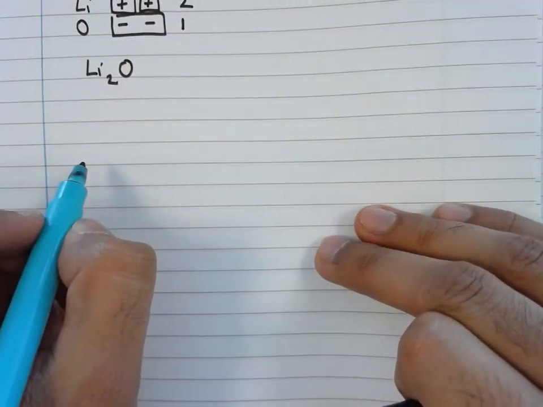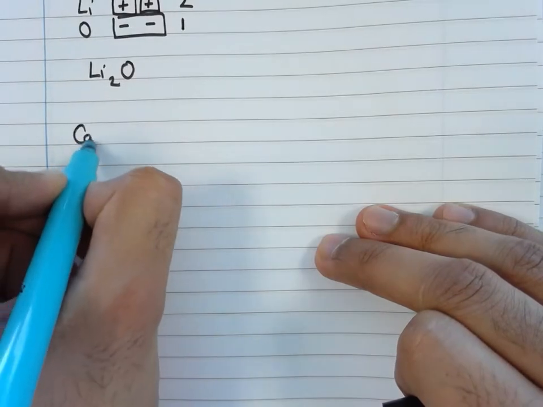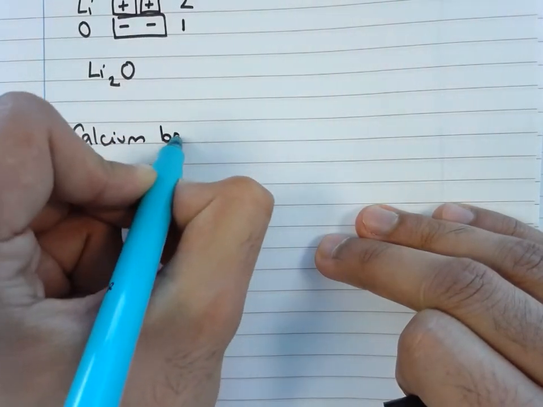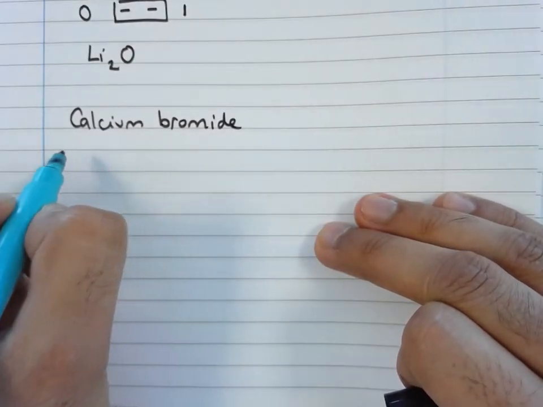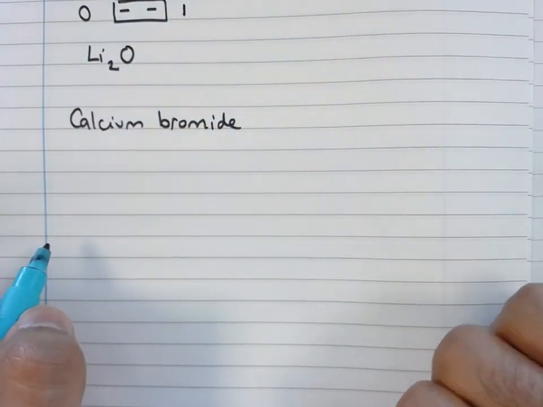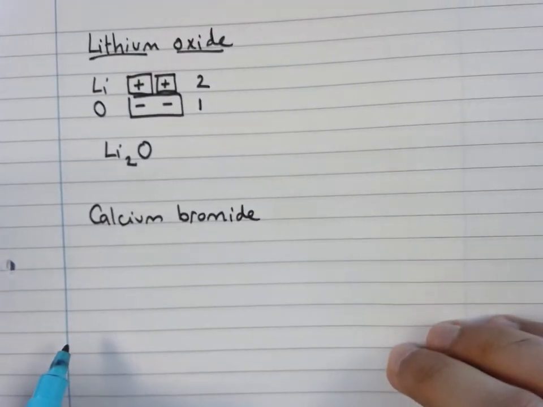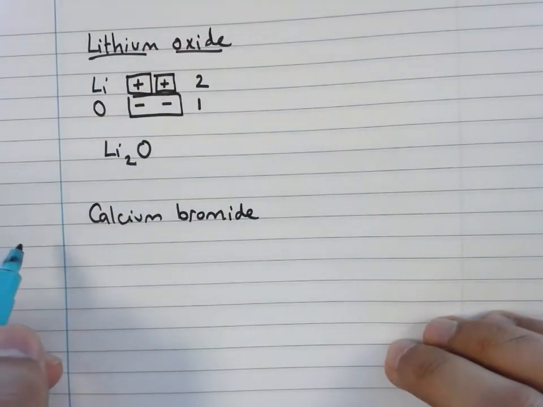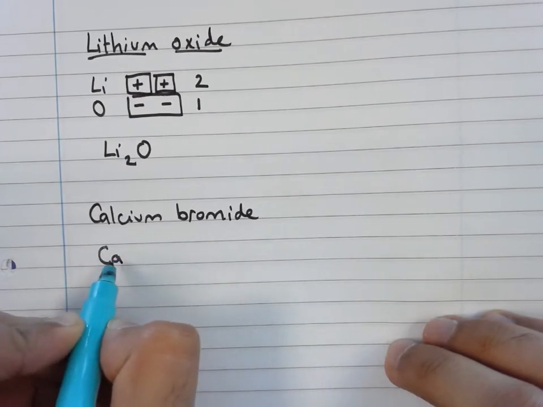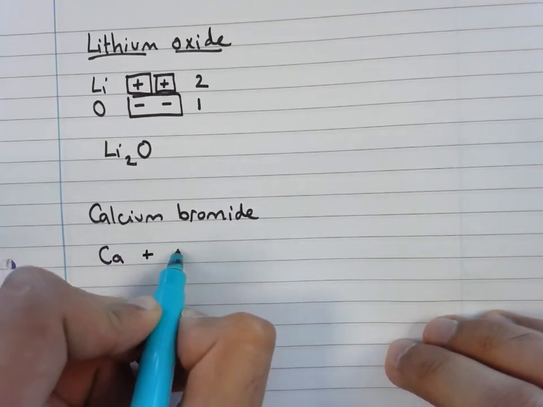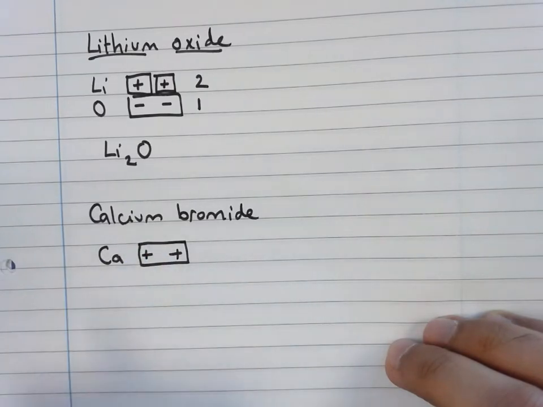Another example, let's look at calcium bromide. Why don't you pause the video now and have a go yourself to see what you think the formula will be, using the same method here. So we've got 1 calcium ion. Calcium's in group 2. It will lose 2 electrons to get a 2 plus charge.